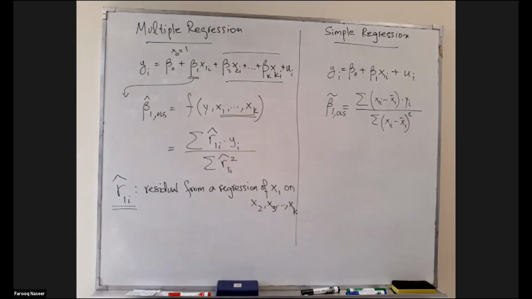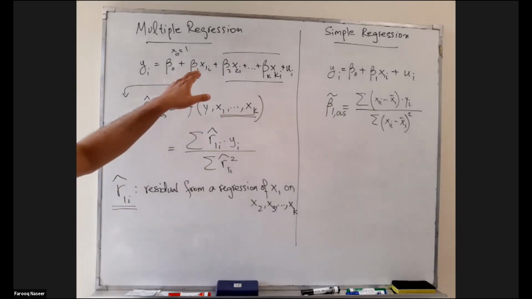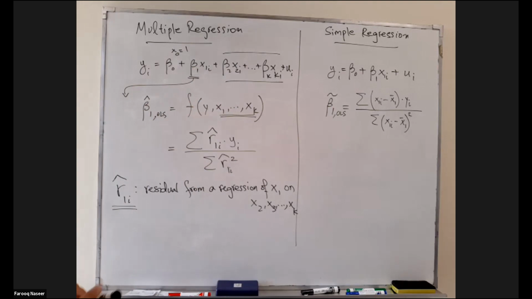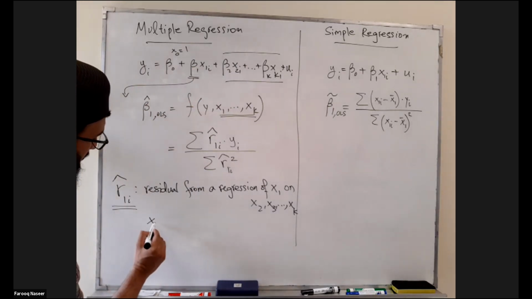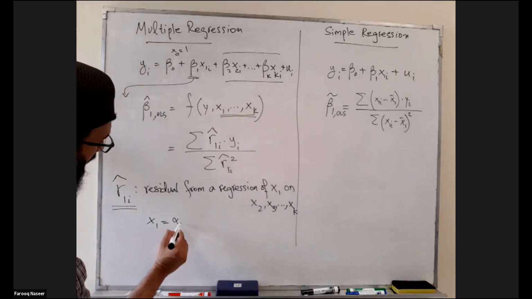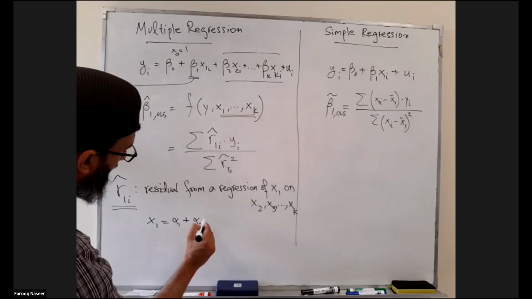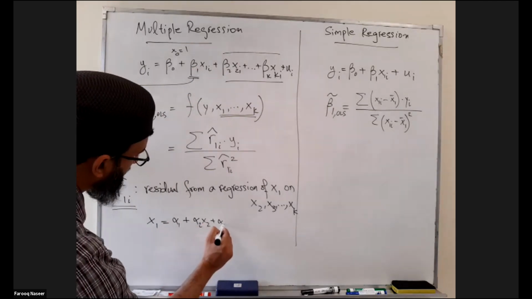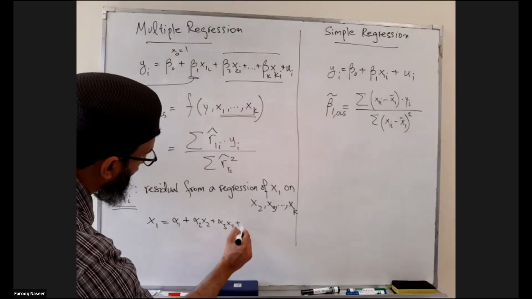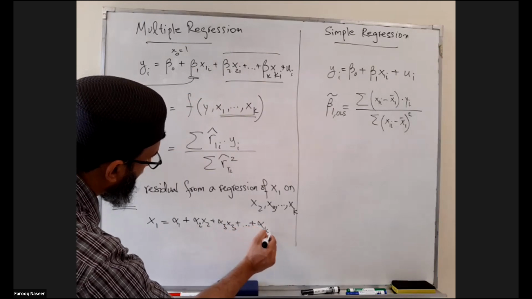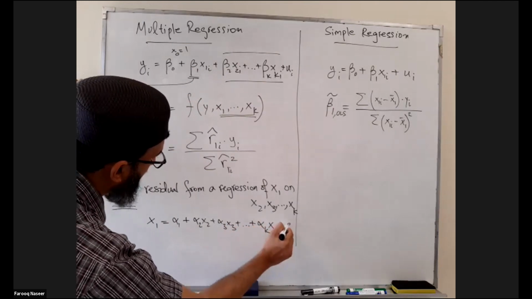I could estimate that regression using OLS, and then there will be some fitted values, x1 hat, from that model. So essentially I'm saying, let's run a regression of x1 on alpha 1 plus alpha 2 x2 plus alpha 3 x3, and so on up to alpha k xk, plus some error term epsilon.